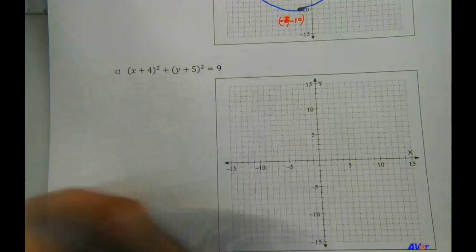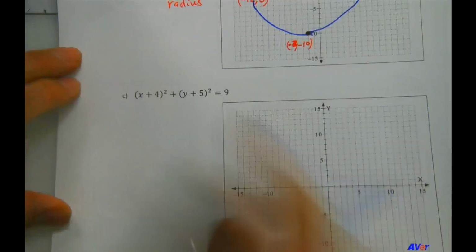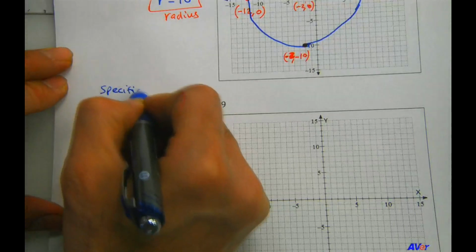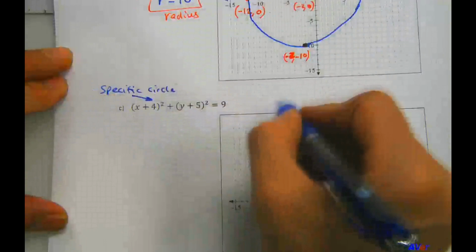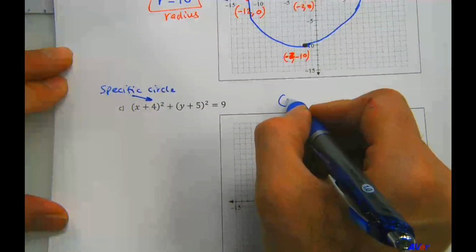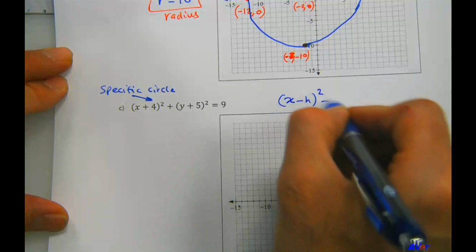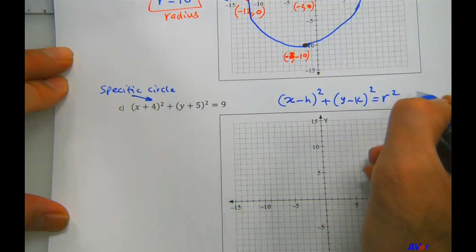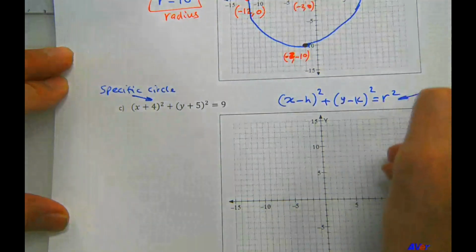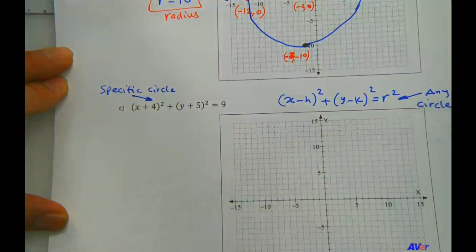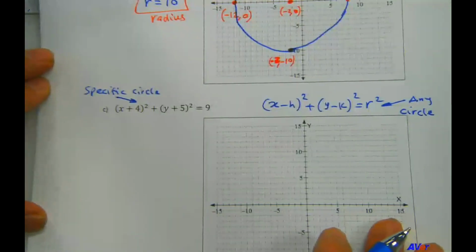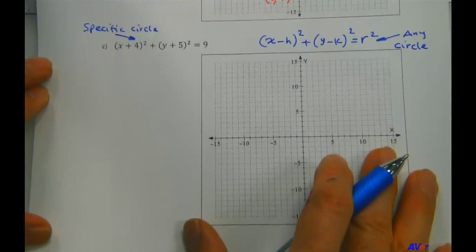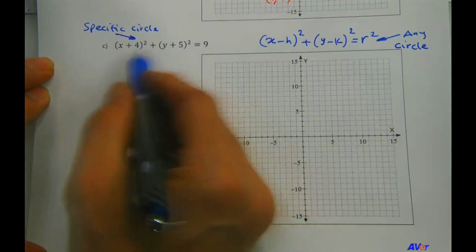Again, we have been given a specific circle. That's a specific circle. Let's compare this with the equation for any circle. Any circle, right? Like that. Okay, so compare.